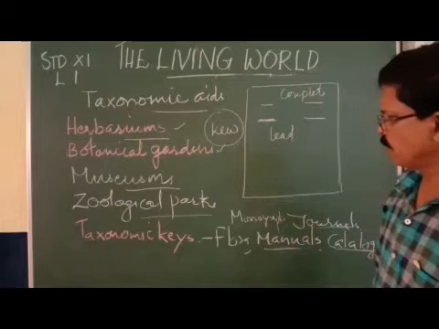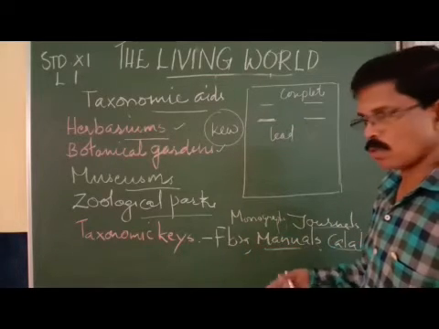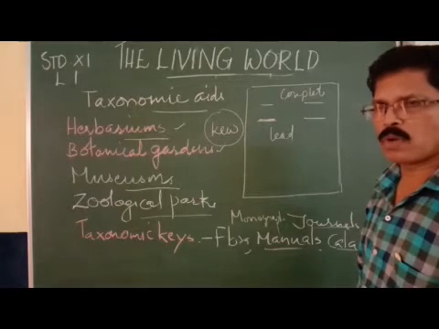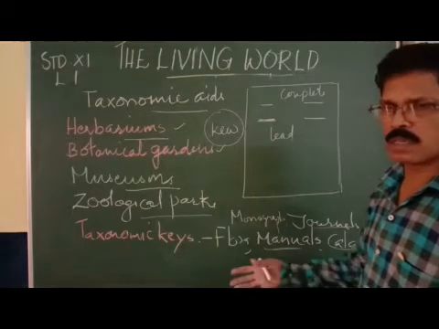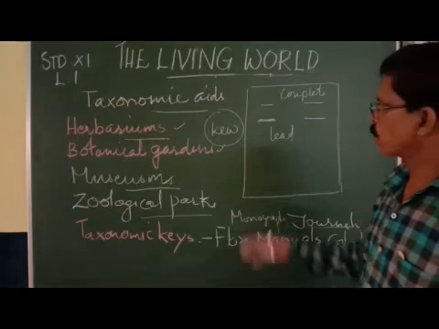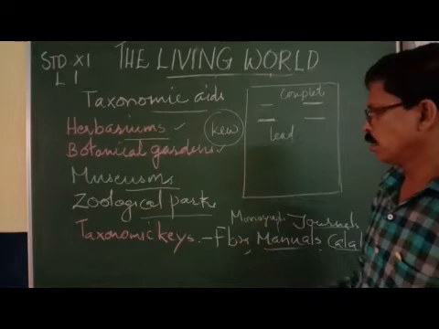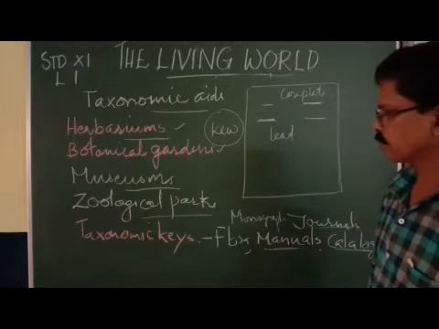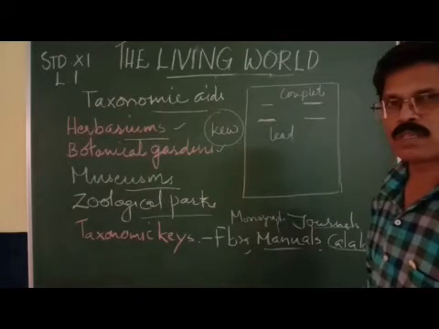So taxonomic keys are manuals or journals or monographs in which the identification of organisms is based on certain options, right and wrong options. Some options are given in pairs. We call it couplets. So this is the printed form of the taxonomic key, in which options are given in couplets.